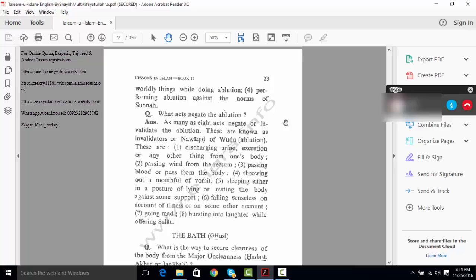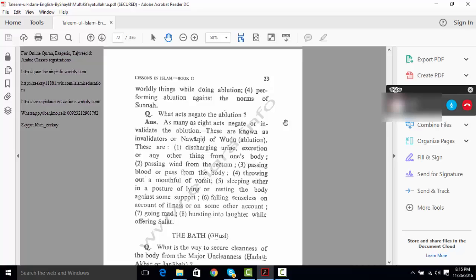Right? Number six, falling senseless on account of illness or some other reason. When you fall senseless and have no sense, then it will invalidate your ablution.